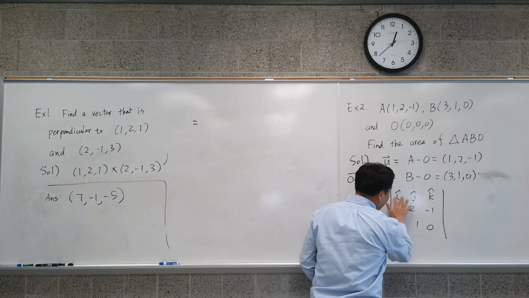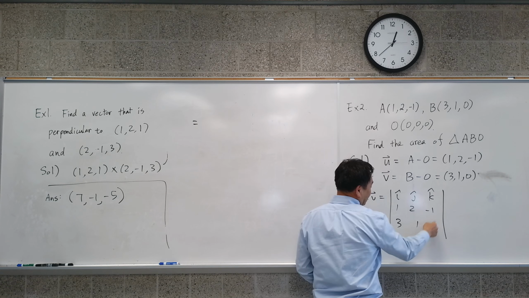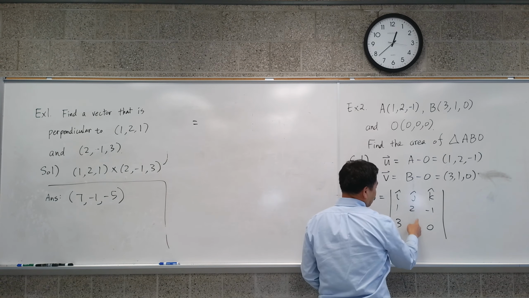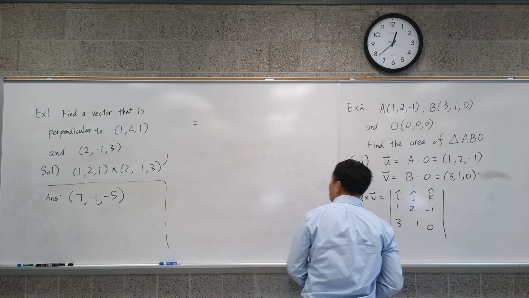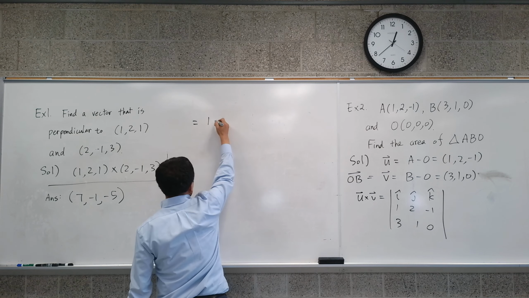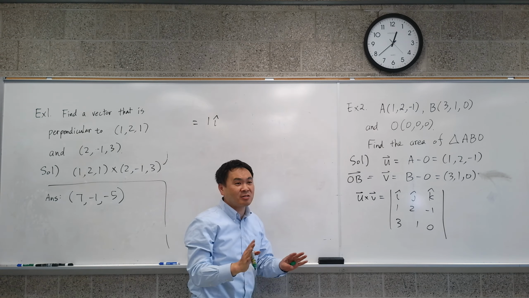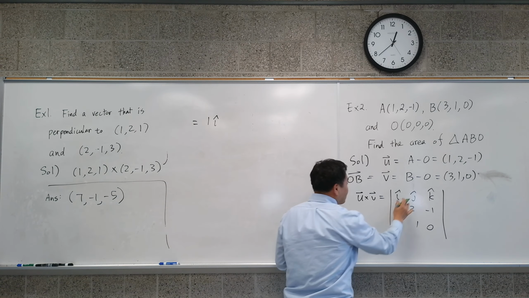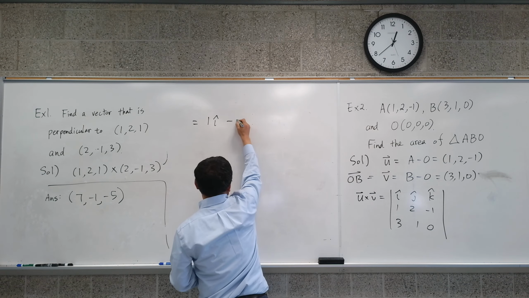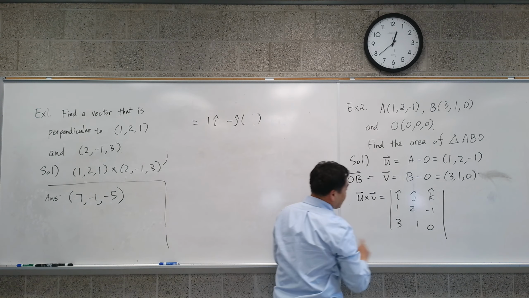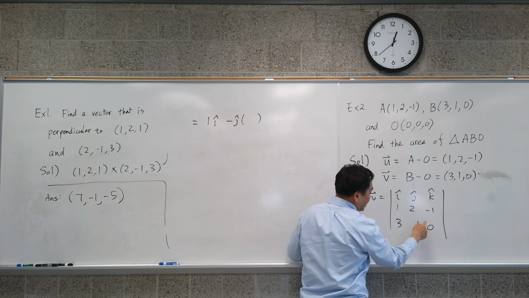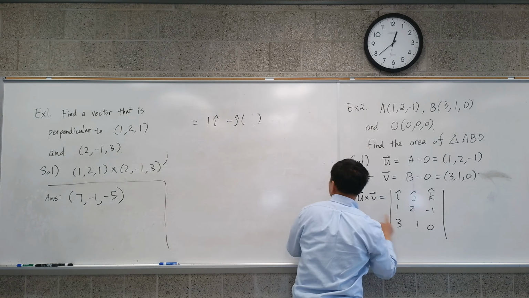For I, I need this minus this, so it's 2 times 0 minus -1 times 1, that's positive 1. So you get 1I. And then you have minus J. If I cross this out, it's 1 times 0 minus -1 times 3. So that's 3 here.